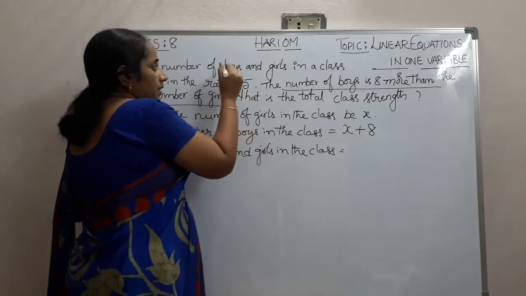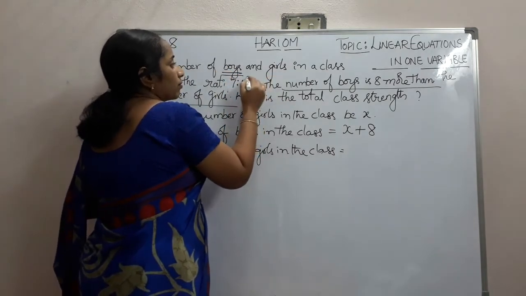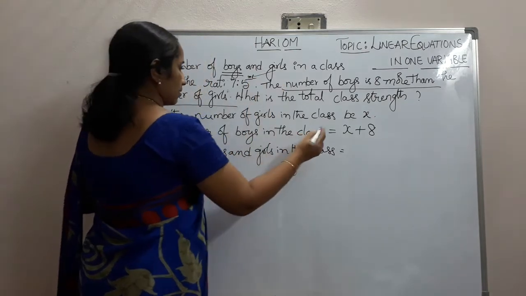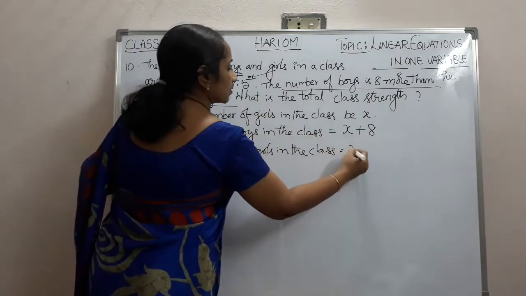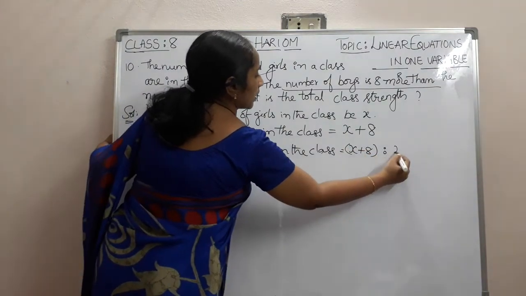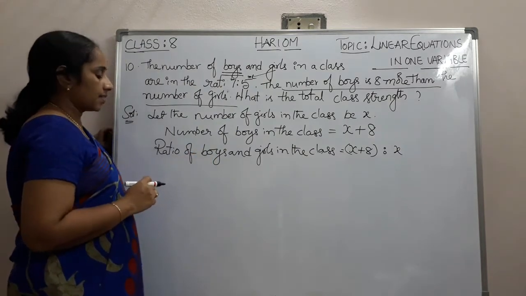Here also boys they have given first, that is boys 7, girls 5. So boys is x plus 8 is to x. This is the ratio of boys and girls.